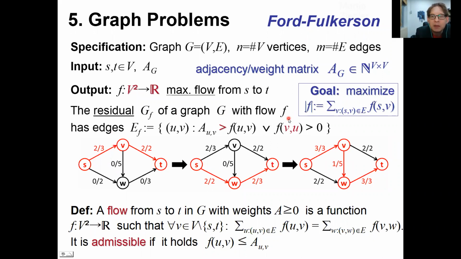The residual graph is basically the graph with all edges removed that are already at their limit, that carry already as much liquid as is admitted according to their capacity. Removing those edges that are already at full capacity, we cannot use those edges anymore in order to further increase the flow. That's the intuition. Whereas the other remaining edges that are not yet at full capacity can serve to possibly further increase the flow.